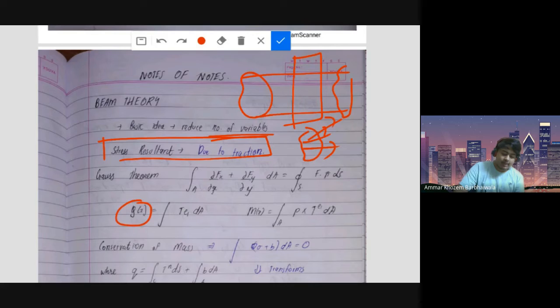So I determine this amount of force at a point, q of x, at distance x. This is the axis which I have.